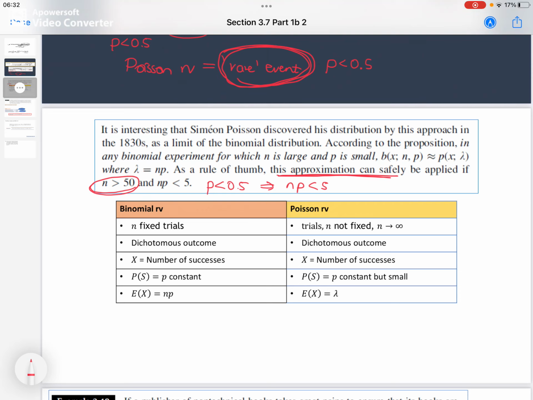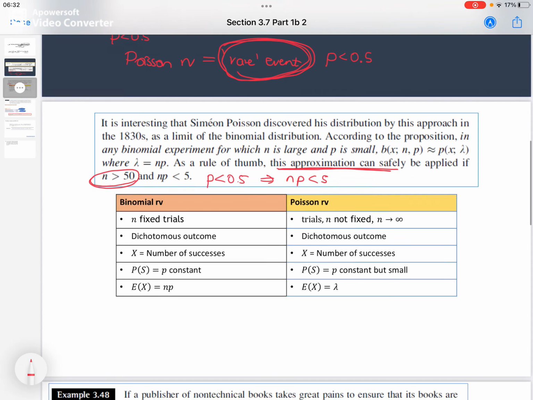Or in the case when n is greater than 50 and p is less than 0.5, you can use the binomial PMF to approximate probabilities of a Poisson random variable. This is what it means.